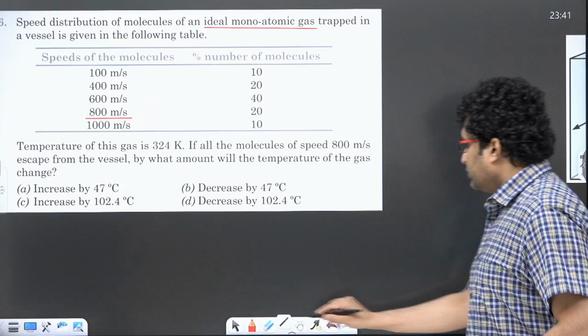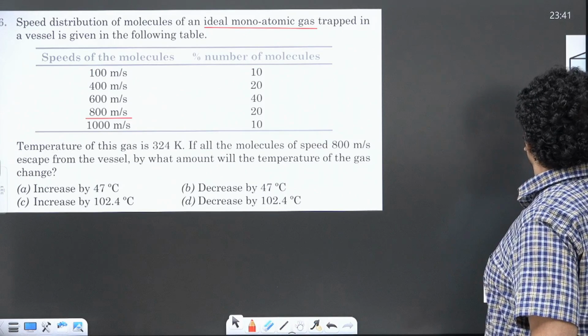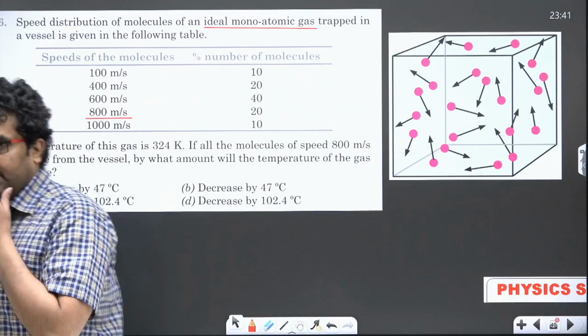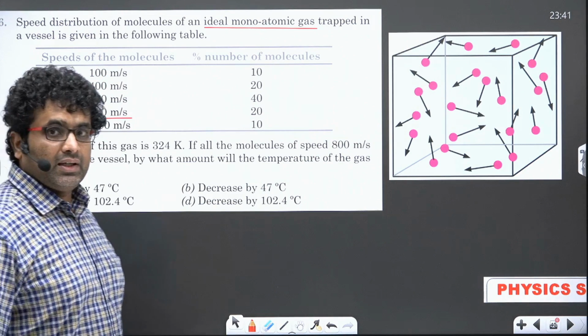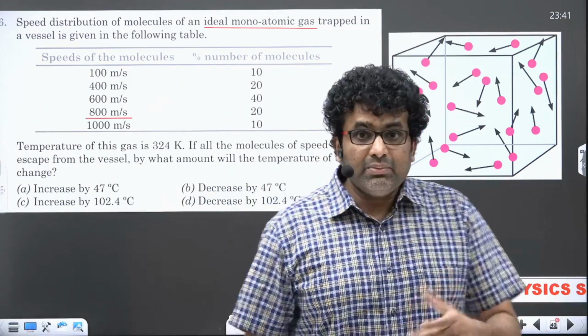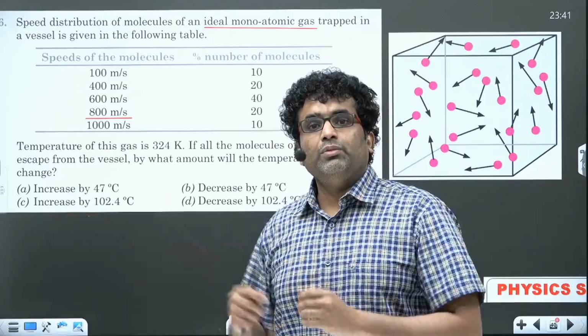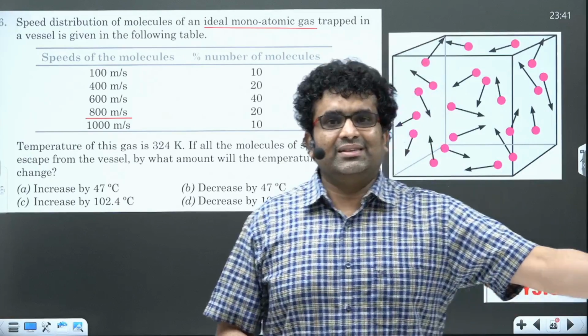Right. So we should realize one very important thing: whatever the gas molecules are doing, as they're moving in random directions like this, following this distribution, the RMS speed formula root 3 RT by M was the outcome of kinetic theory of gases and not the Maxwell distribution.